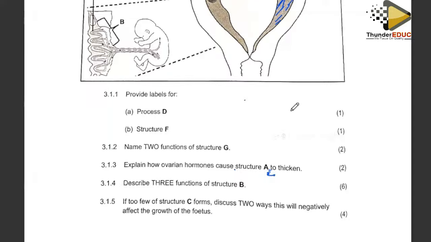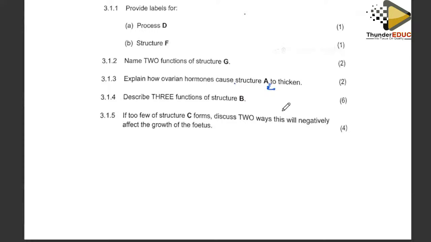Gaseous exchange: the mother's blood has a high level of oxygen, so oxygen will diffuse into the fetus, and carbon dioxide will diffuse out of the fetus to the mother's blood. So you explain these concepts. That's what they are looking at. So you talk about nutrition, gaseous exchange, excretion, endocrine function, and protection, that is the prevention of pathogens, the disease-causing organisms.